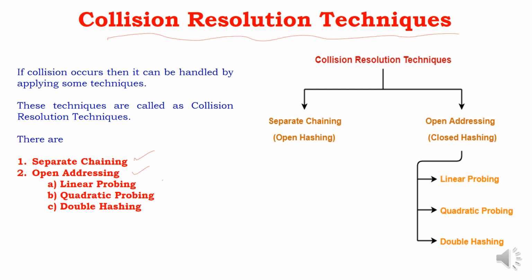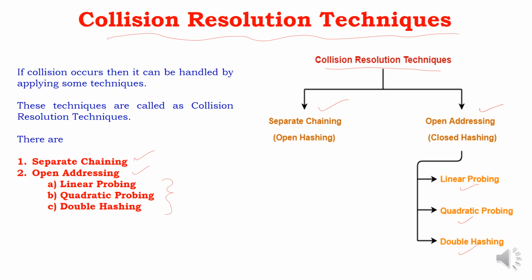Again, open addressing has some sub-methods, which are linear probing, quadratic probing, and double hashing.